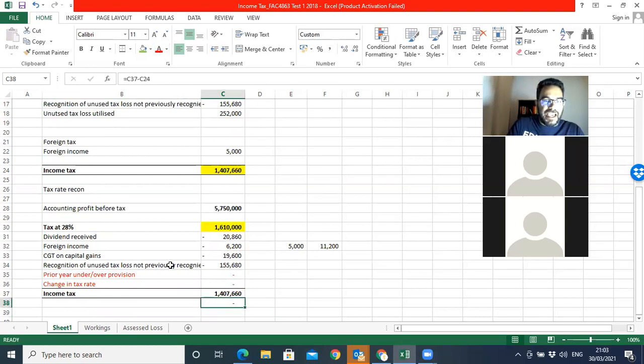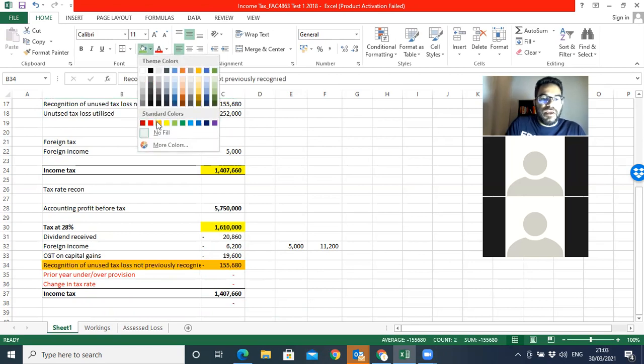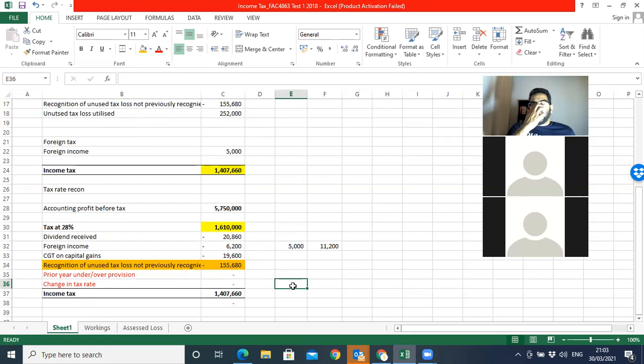So let's understand, why are we bringing that line item in? This is something you need to wrap your head around with the tax rate recon. The tax rate recon deals with permanent differences between accounting profit and taxable income.